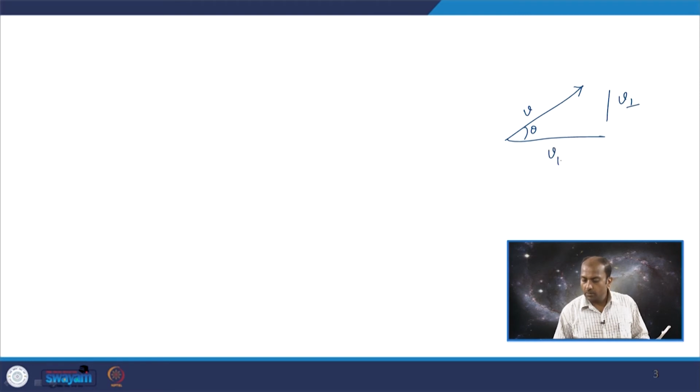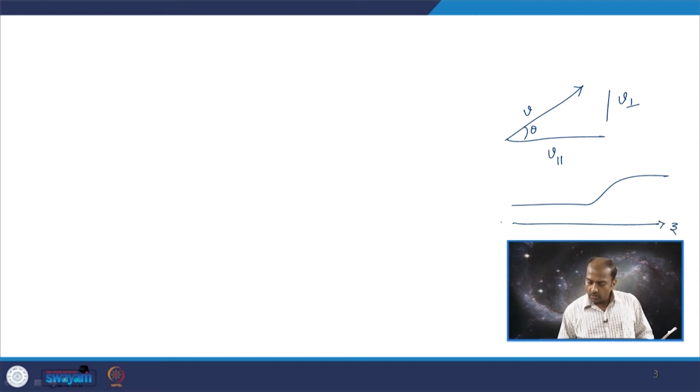Right. Now let us consider the random direction velocity v, which is in any direction theta. So this becomes the v perpendicular component, and this becomes the v parallel component. Right. Let us consider the magnetic field strength is changing like this, along the z axis. The magnetic field in the beginning is assumed to be, let us say, B naught, and later at a point when it becomes very strong, we assume it to be Bm.